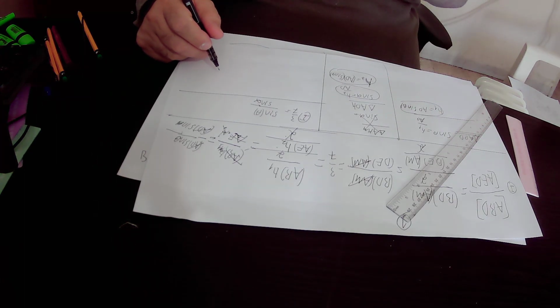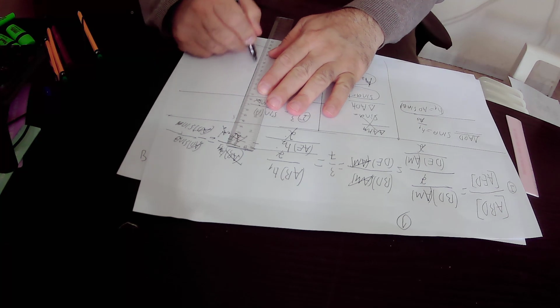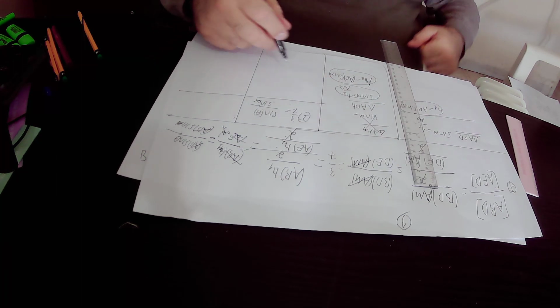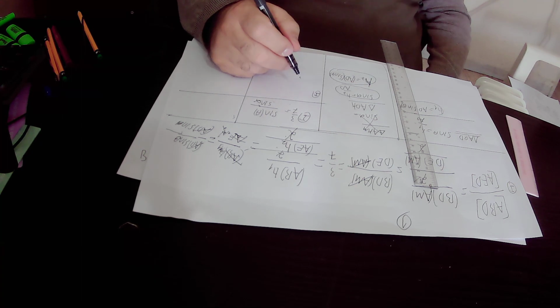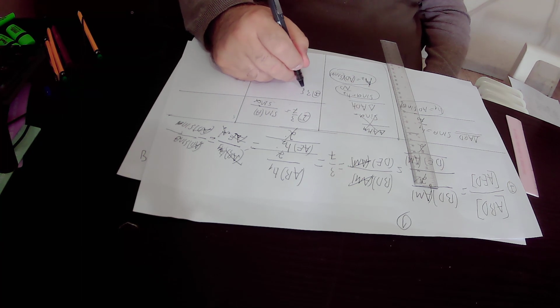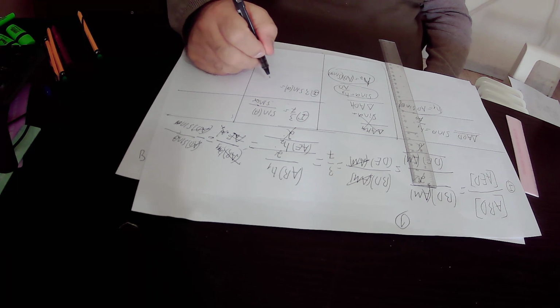So here we get, according to equation number 1, 3 times sine alpha is equal to 7 times sine theta.